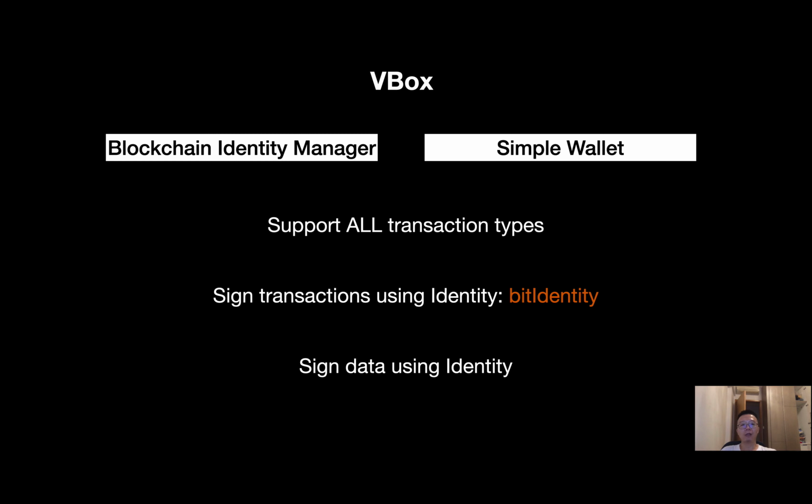From the technical side, VBox supports all kinds of transactions, from standard payments to data type transactions, or even customized scripts. The app can use VBox to unleash the power of Bitcoin without having to touch users' private keys.